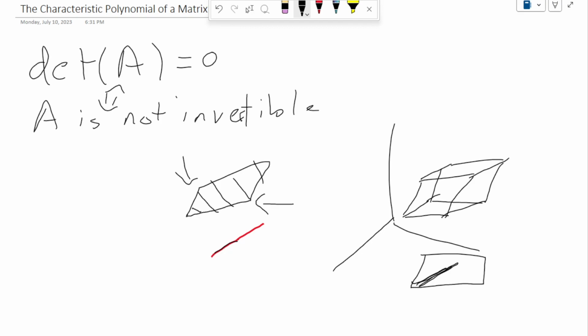And this is exactly what it means for the columns of the matrix to be linearly dependent. We can't quite get to where I want to be now, but I hope you believe me when I say that the determinant of A is 0 if and only if the columns of A are linearly dependent.